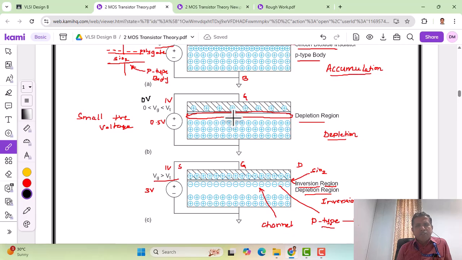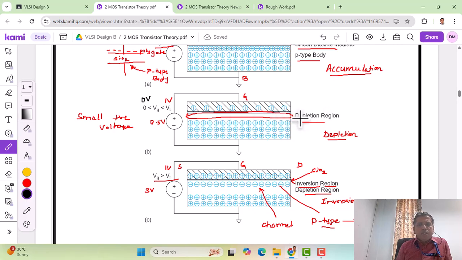Because the upper plate has positive charges, it repels the holes present in the body region. So the holes are pushed away from beneath the silicon dioxide, and that creates a layer called the depletion region.